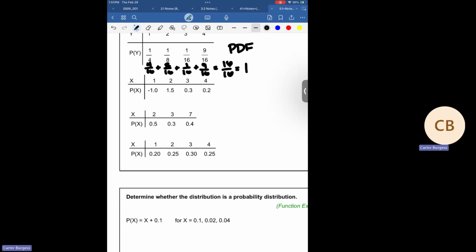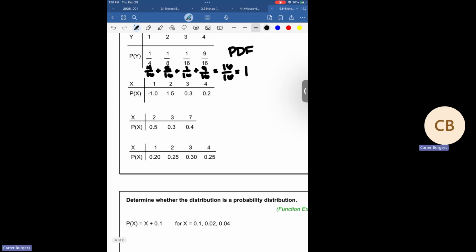Does the top have anything to do with it? Yeah, so the top is the possible values of our x, but those can be pretty arbitrary. So it'll depend on what the random variable is trying to say, what those values of x could be. So for instance, the fact that the x for the third one starts at 2 doesn't disqualify it from being a PDF.